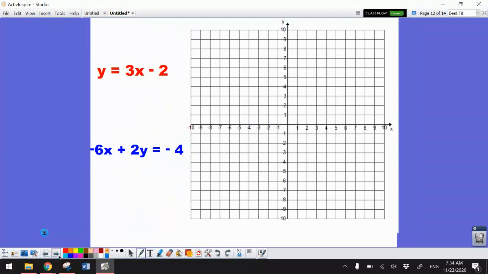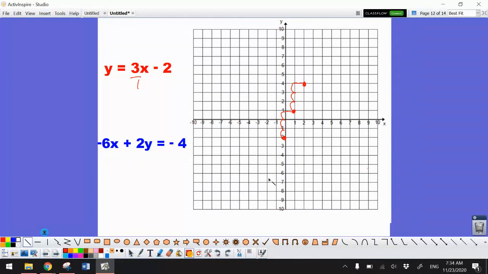All right, let's take a look at this one. So we've got y equals 3x minus 2. Let's graph that one. That one's easy because it's already solved for y. And remember, this is over 1, 1, 2, 3, and 1, 1, 2, 3, and 1. I'm going to go ahead and graph that line.